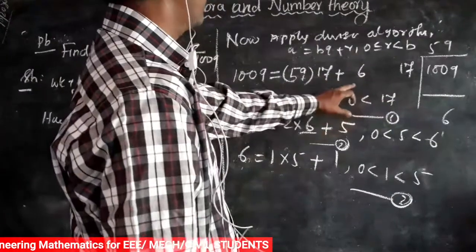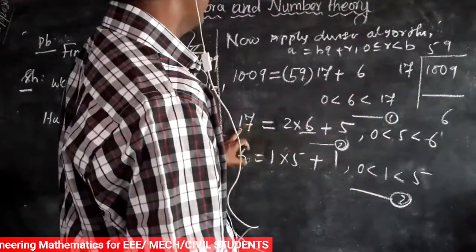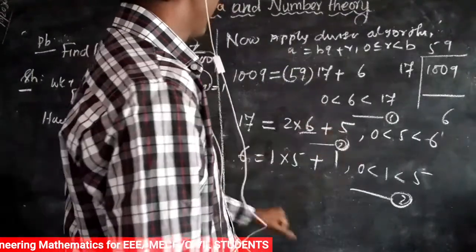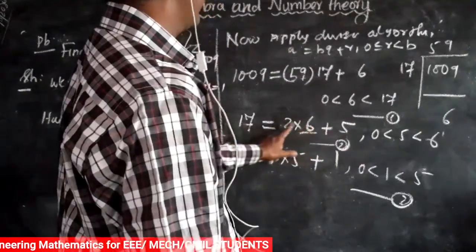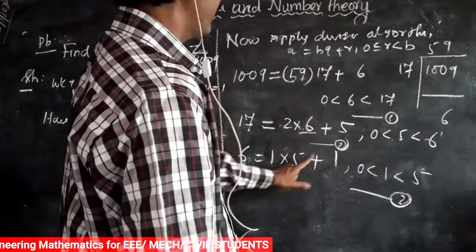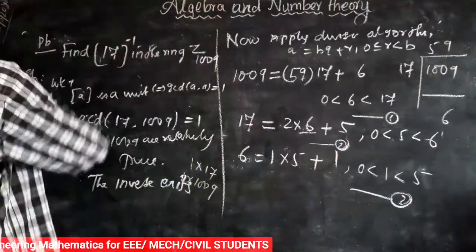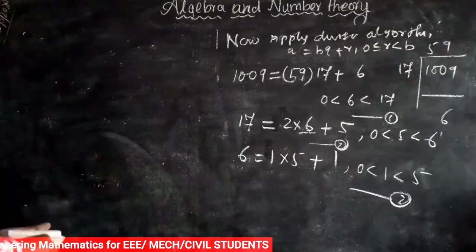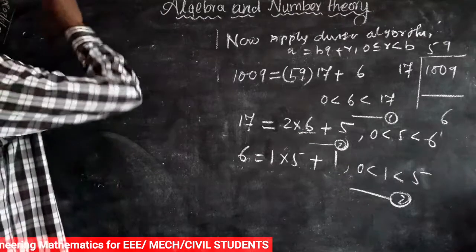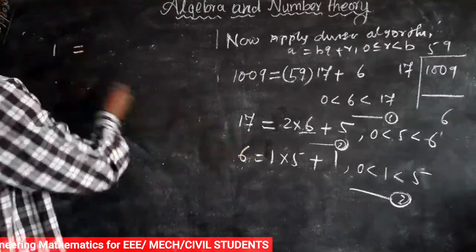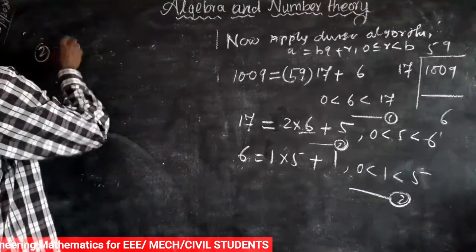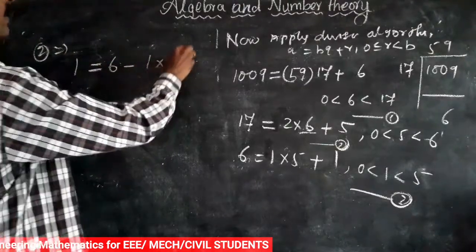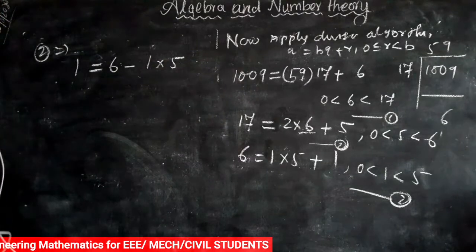So for 17, again we take the multiples. 17 is 2 into 6 plus 5. Then 6 is equal to 1 into 5 plus 1. Then we take 2: 1 is equal to 6 minus 1 into 5.